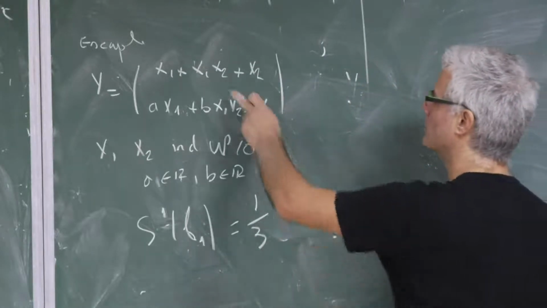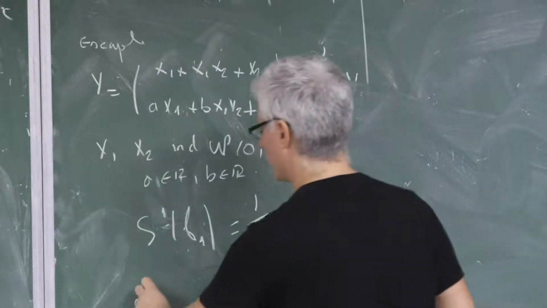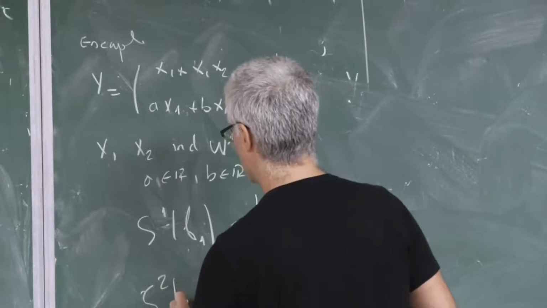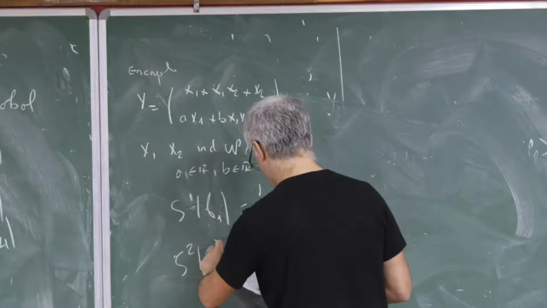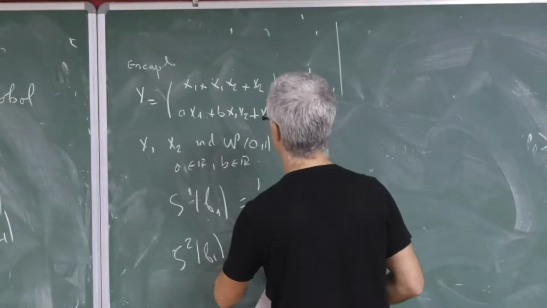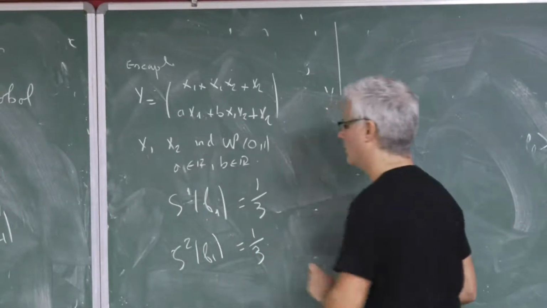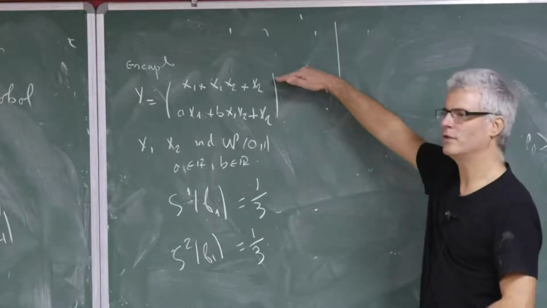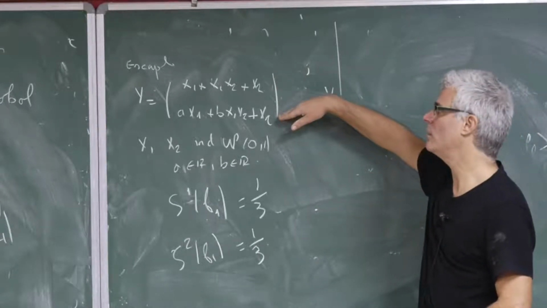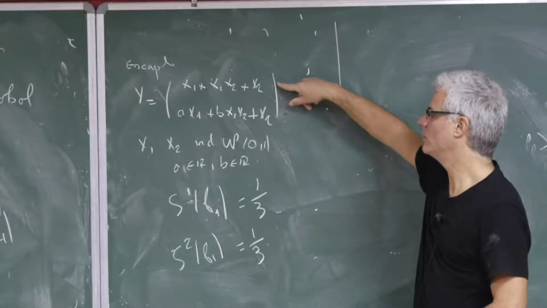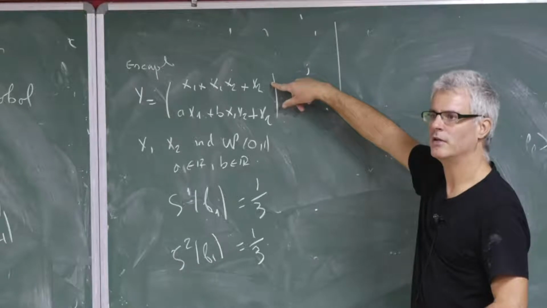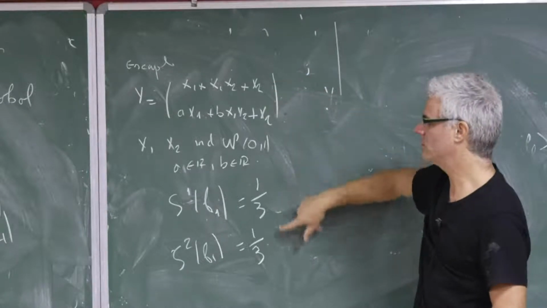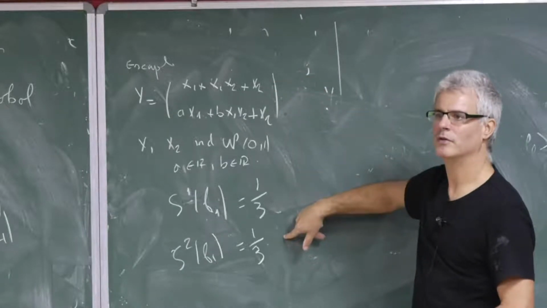this is the S1 of F1. If you compute S2 of F1, that would be 1/3. So F1 is this function, F2 is this function. It's obvious here in the formula that it's symmetric in X1 and X2, so it's obvious that we should have 1/3, 1/3.